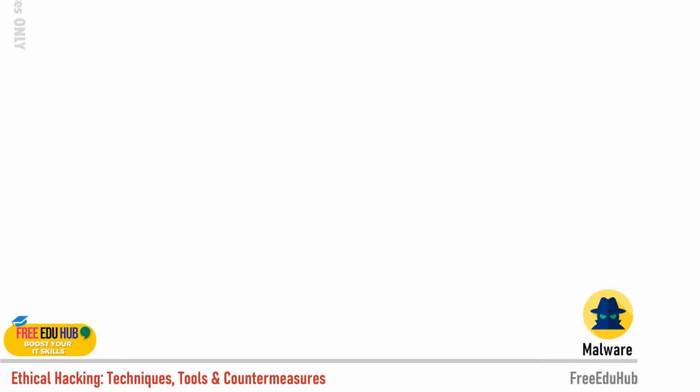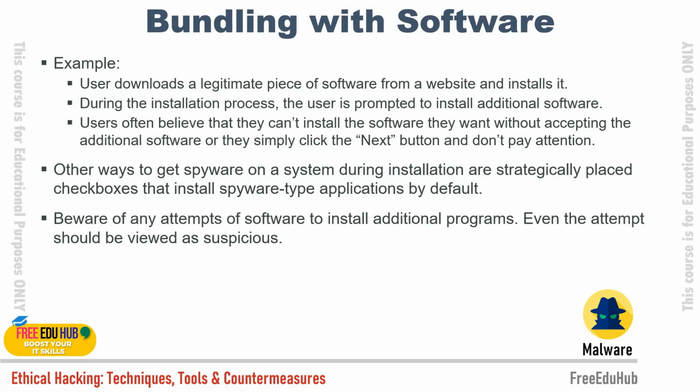Next, we have bundling with software. For example, a user downloads a legitimate piece of software from a website. During the installation process, the user is prompted to install additional software, and the user often believes that the software is coming from a legitimate source, so it would install that additional software that would infect the computer, since the additional software is not coming from the legitimate source.